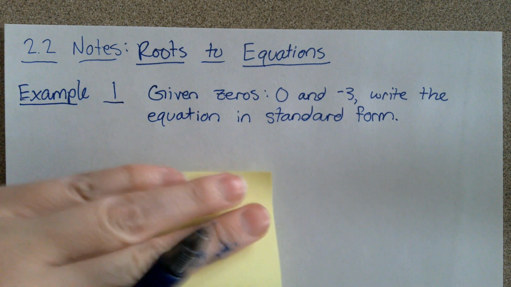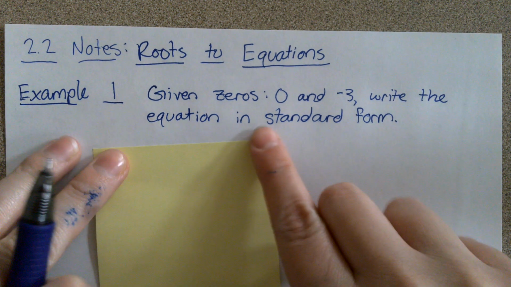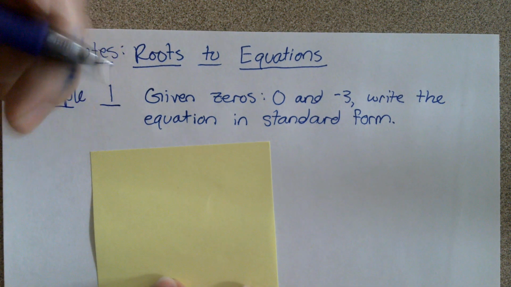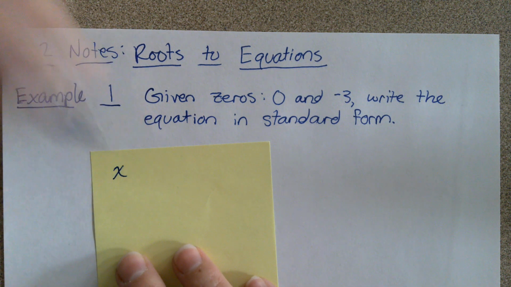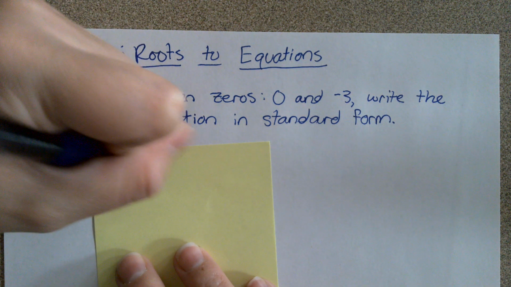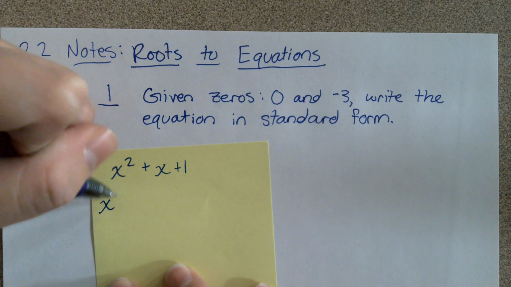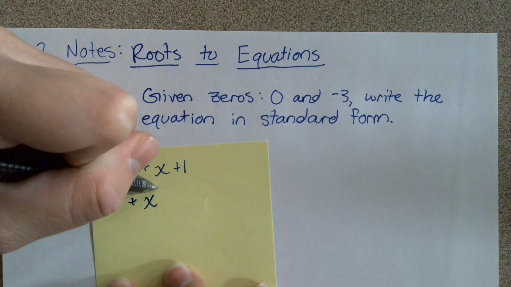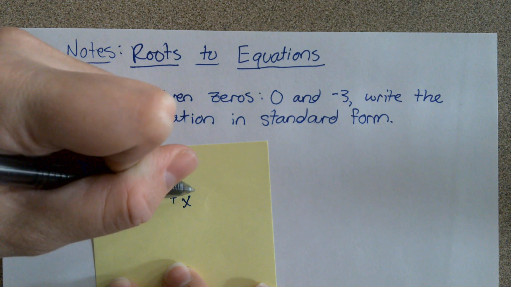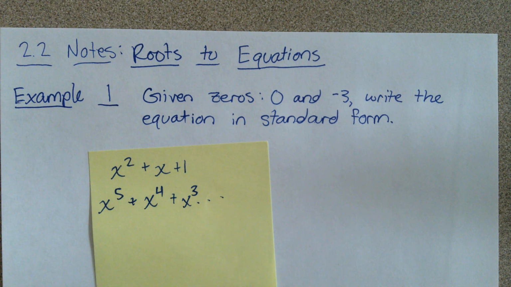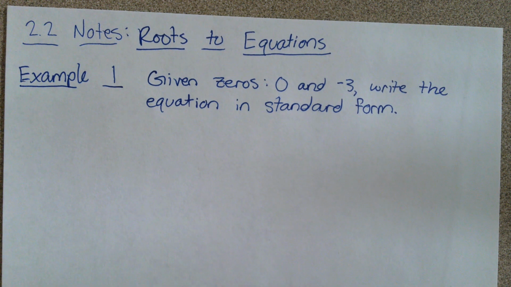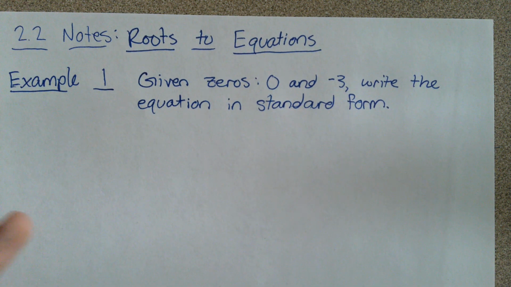Standard form, it's different based on how high up your degree goes. But traditionally, if we have a trinomial, this would be x squared plus x plus 1. Basically, where your exponents are all in order, that's what's important. So if I have something larger than that, then I'll have to make sure that they're just all in order like that. So that's what the final product is going to look like.